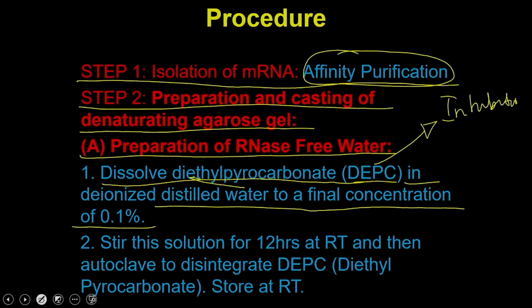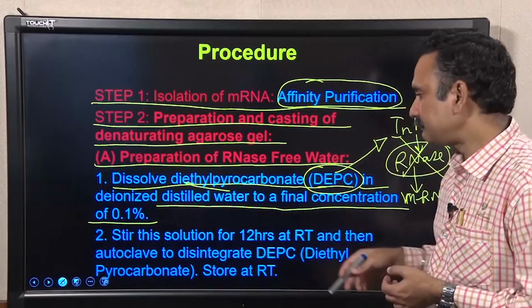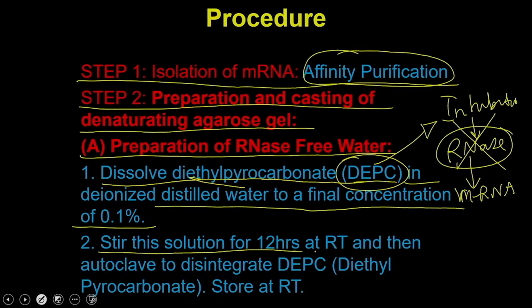If you use DEPC treated water, it is going to protect your RNA from degradation, because it inactivates the RNase present in the buffers or in the reaction mixtures. You stir this solution for 12 hours and then autoclave to disintegrate the DEPC, and then you can store this solution at room temperature for a very long time.